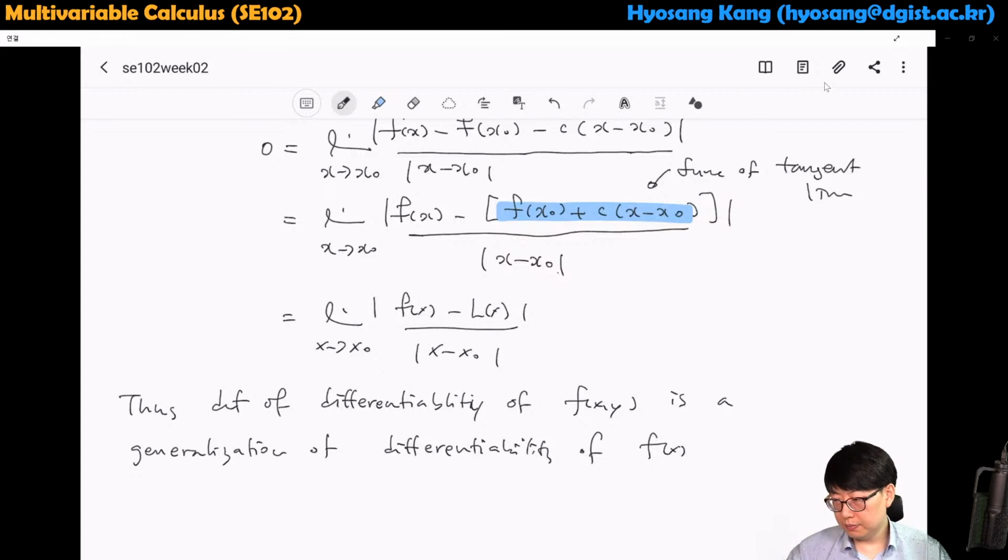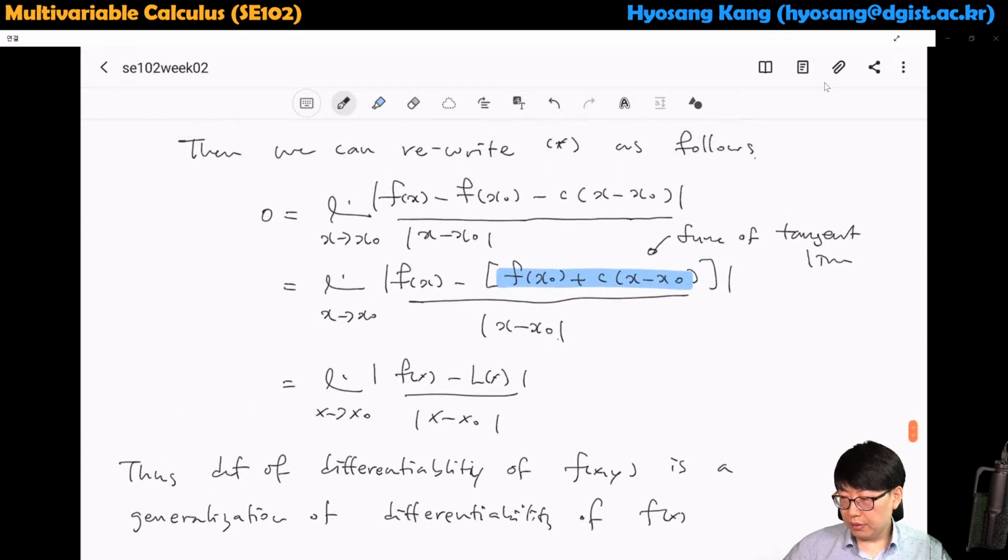Okay, so I found this very interesting. Actually, I first learned this fact that I can generalize our differential concepts of single variable function to multivariable function. I hope you can also find it interesting, and it gets more interesting when you're talking about more general types of multivariable function.